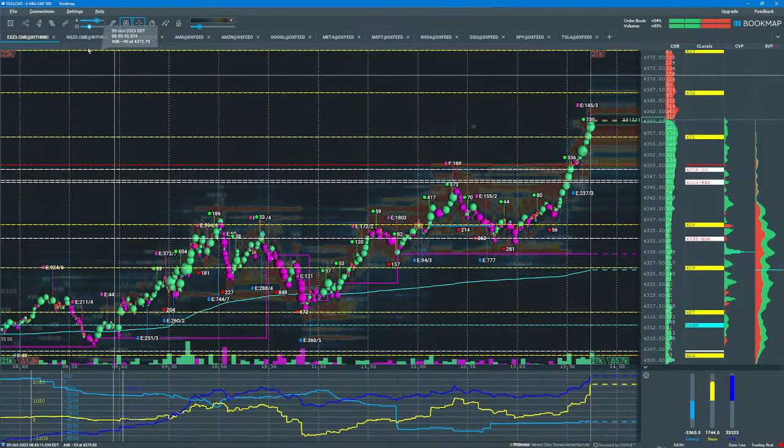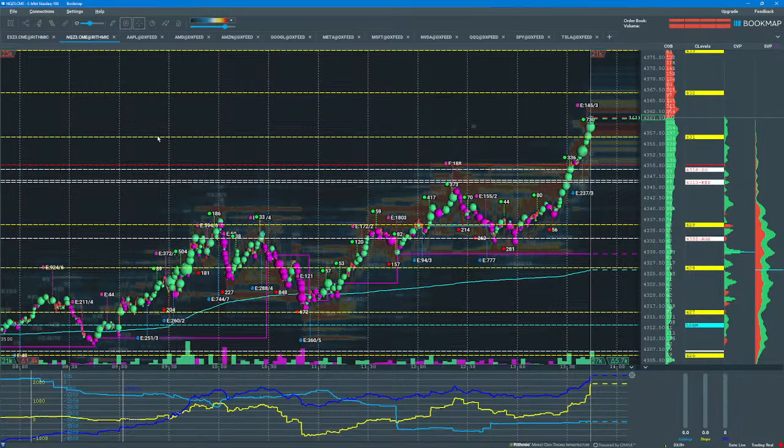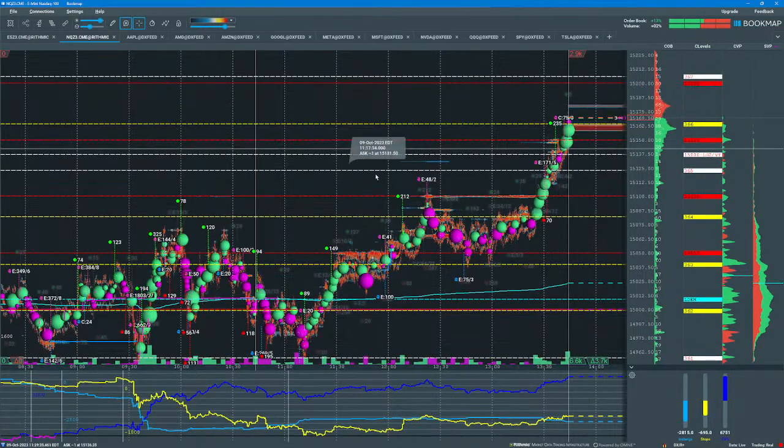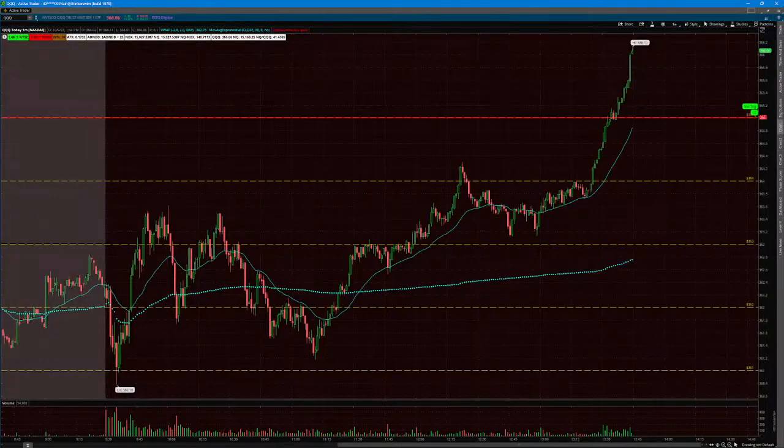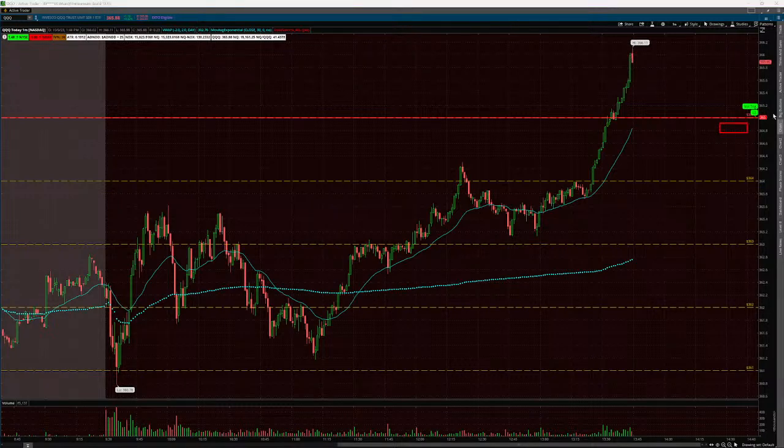All right, let's take a look at NASDAQ now. I'm going to start with NQ futures in Bookmap. And let's take a quick look at the QQQ chart so we can isolate QQQ levels. So QQQ right now trading above its volatility trigger at 365.